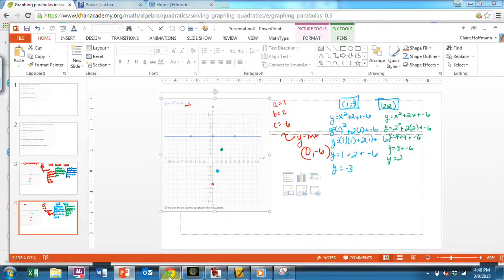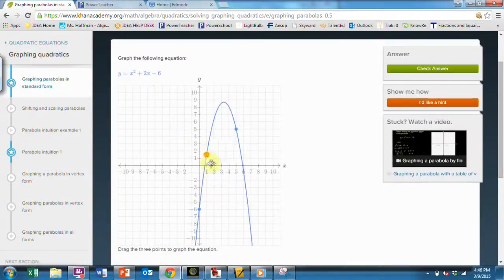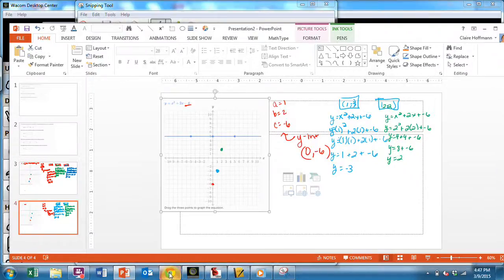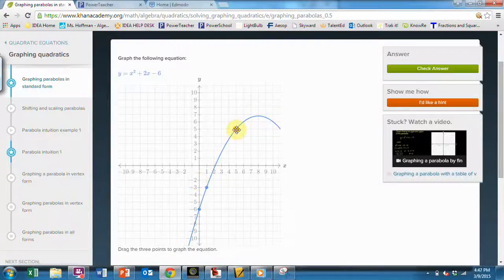This point right there, that blue one. 1, negative 3. And my third point is that green one, which is 2, 2. All right, and that should be my parabola.